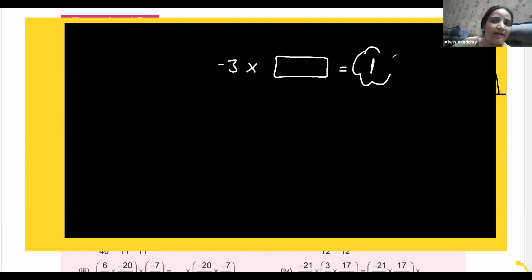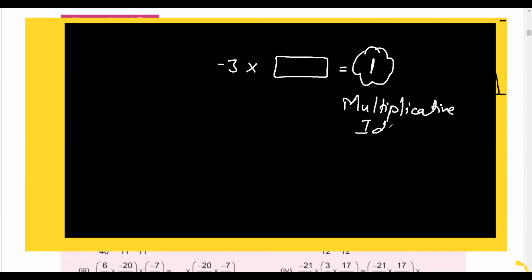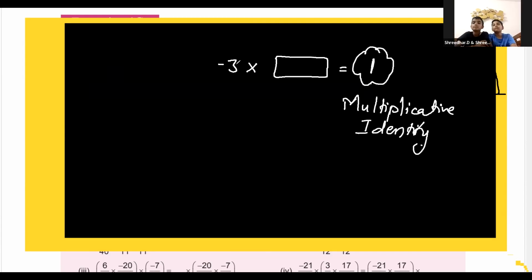So multiplicative identity is 1. And what should be multiplied with -3 to get you 1? What is the answer, bache?